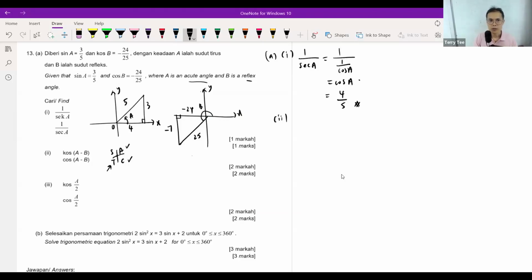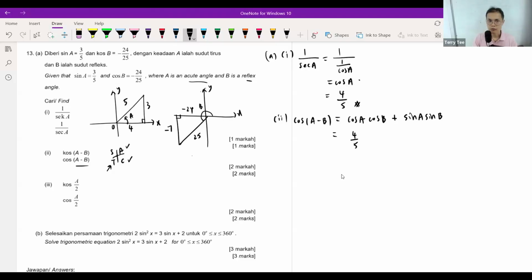Now, with that, we want to find cos of A minus B. Okay, use the addition formula. Cos A minus B is what? Cos A cos B plus sine A sine B. Your cos A, if I read from the triangle, is 4 over 5.